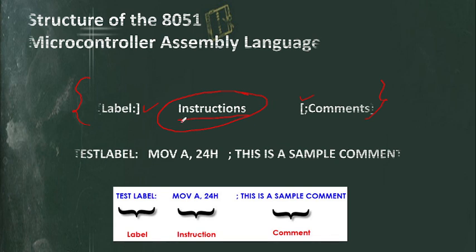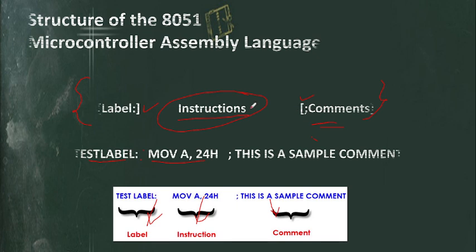To understand this, I have given an example here. Look at this: Test label, colon, and we have one instruction. You can look at this picture. This is the instruction, this is the label which I have used, and this is the comment which I have written here. The comment is just for understanding purposes. By looking at the comment, any other person can understand what the instruction is going to do.